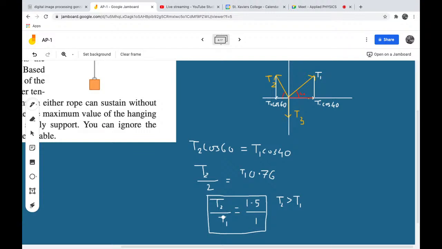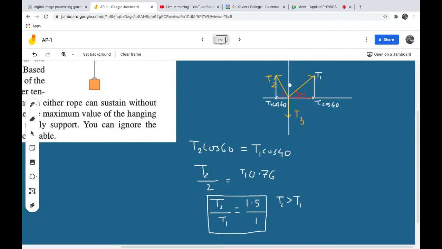If you want both of them to be equal, then it has to be 1 here. That means the angles must be same. Avalon, you are correct. So just by looking at the angles, you can actually predict whether the tension in the two parts of the rope is same or not. That is the beauty of having some experience in solving the problem. Just from the angles, you can guess, predict.